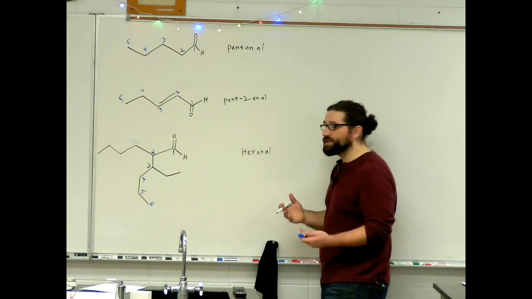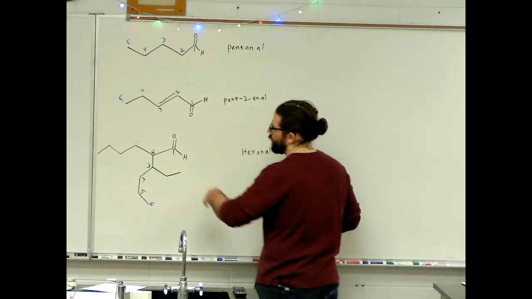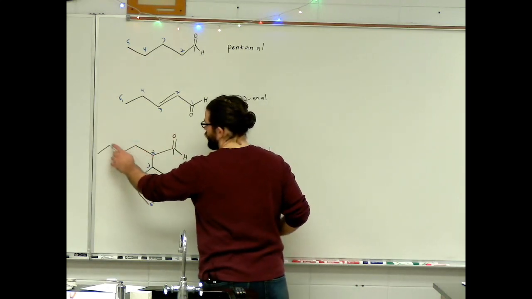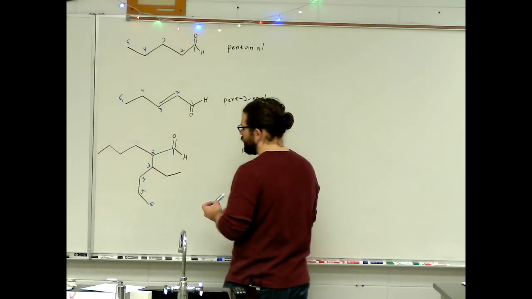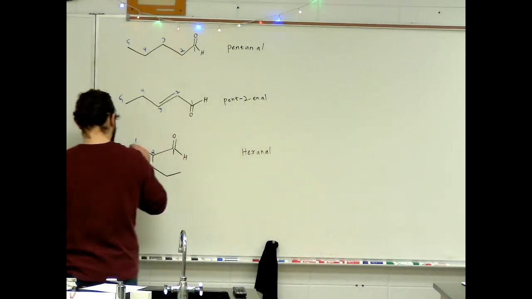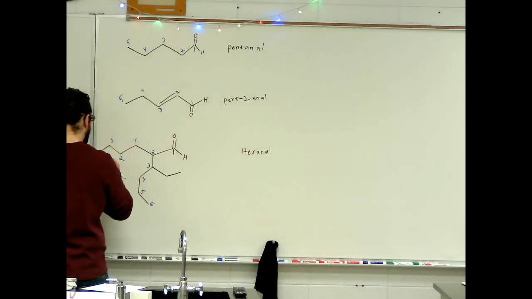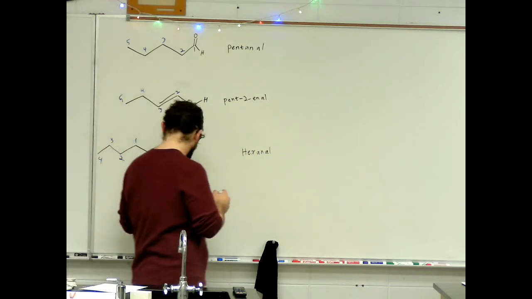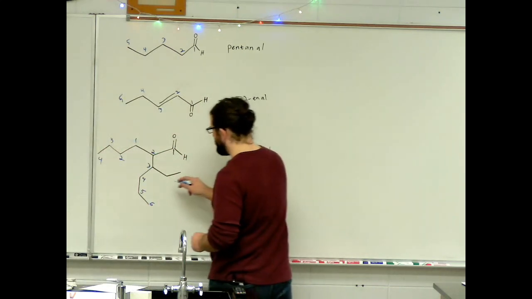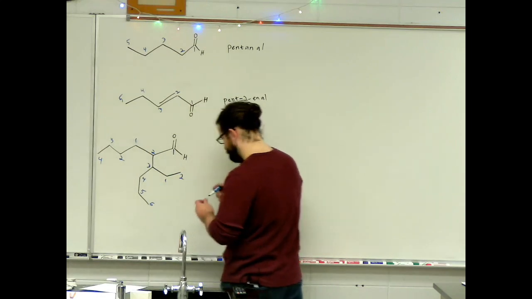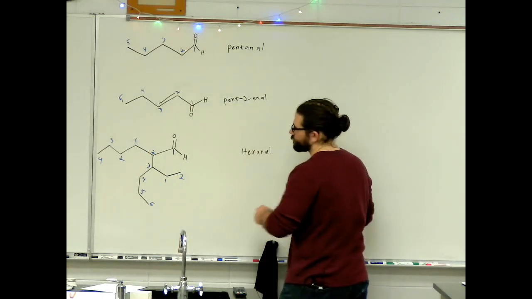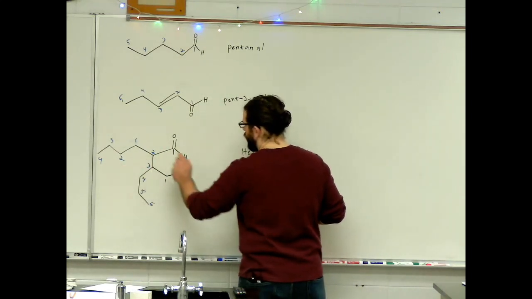And then we just identify our functional groups, or our side chains. So we've got a 1, 2, 3, 4 here. 2, 3, 4. And we've got a 1, 2 here. So I've got a butyl group on carbon 2.